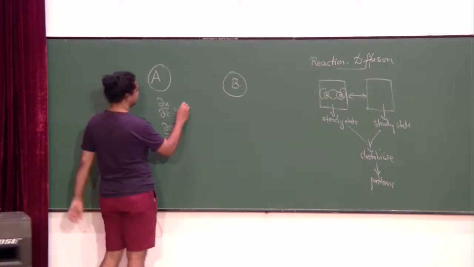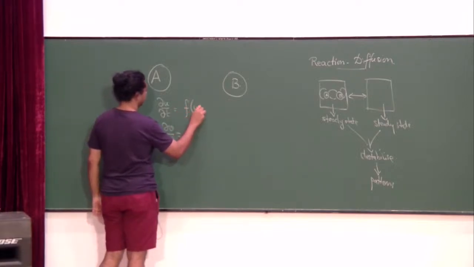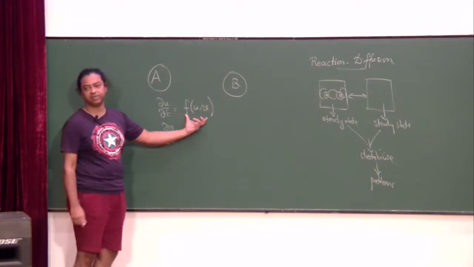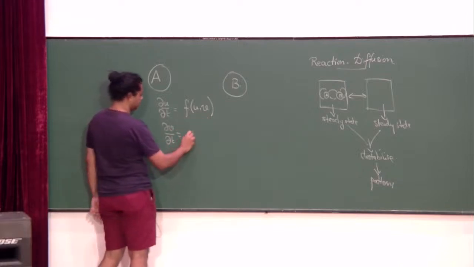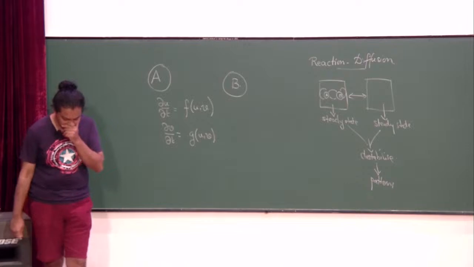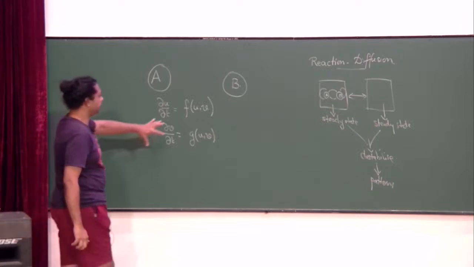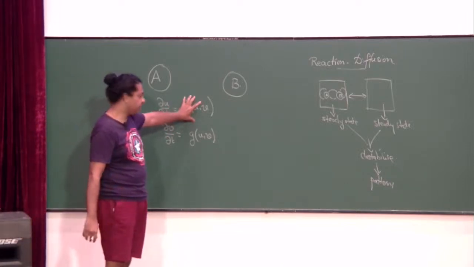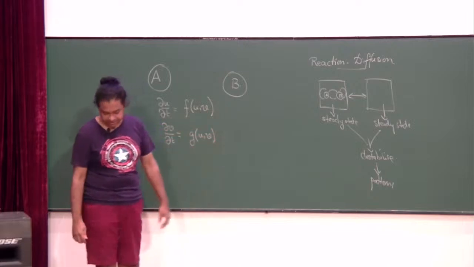Whatever that chemical reaction is, I encode it in this function, f of uv for one, and then let's say g of uv for the other. So I'm not putting any constraints on what these are right now. So these are some generic chemical reactions that are taking place.